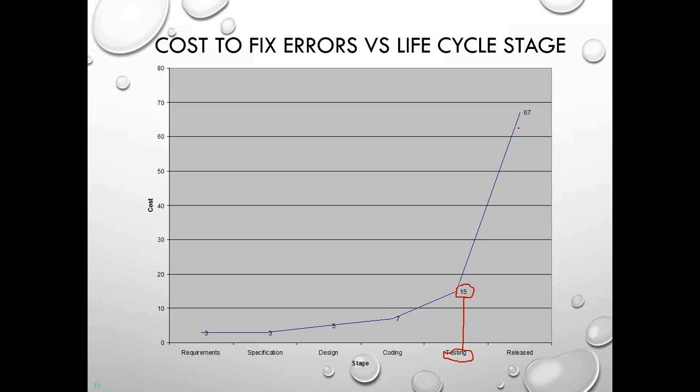Very costly because of a number of reasons. To make the changes you have identified, you need to fix everything: the design, coding, testing. You have to redo it. Redoing everything just adds up to the cost. That's what it is.